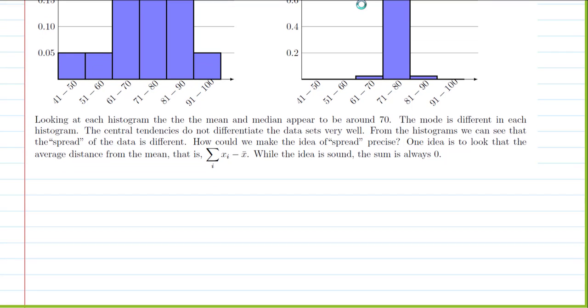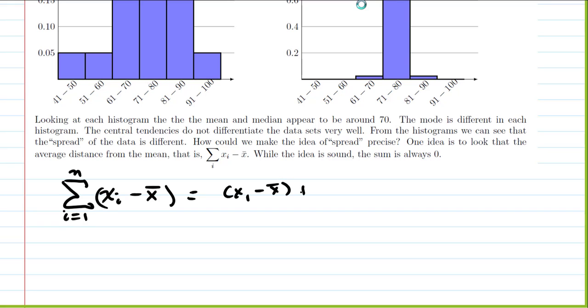Well, let's try and see what happens. If we write out the sum as i goes from 1 to n of x sub i minus x bar, that's going to be x1 minus x bar plus x2 minus x bar, adding all of those up till I get to xn minus x bar, right?